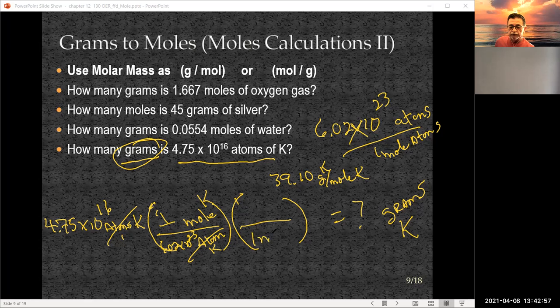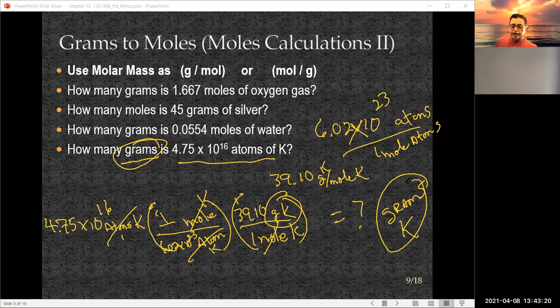So guess what? Moles go to the numerator, right? Keeping track of my units. And 39.10 grams of potassium are in the denominator. So checking my units, everything cancels out. I end up with grams of potassium, which is what I'm looking for. So now you do the math.